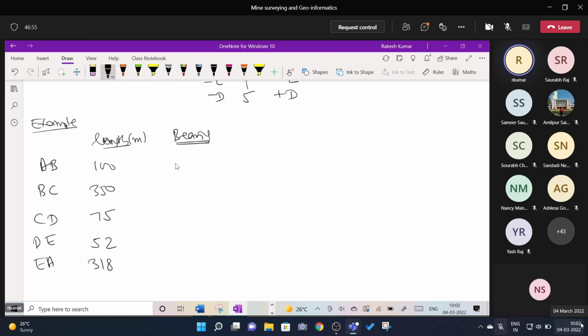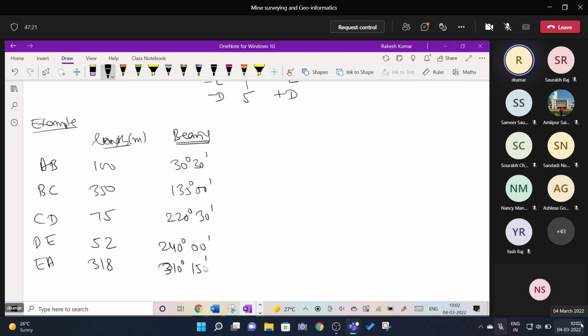it is given as 30 degree 30 minutes, 135 degree 00 minute, 220 degree 30 minutes, 240 degree 00 minute, 310 degree 15 minutes.